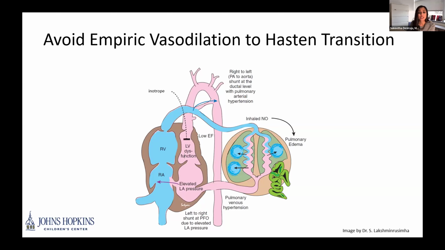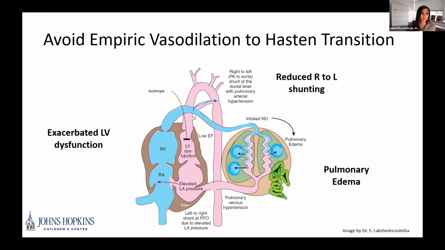So some of this plasma will extravasate out and create pulmonary edema. What remains in the vasculature must egress back into the left side of the heart. But the left atrium has its own problems due to backup from the left ventricle, which is dysfunctional to start with. So to put that together, when we reduce right to left shunting, we can end up with pulmonary edema and exacerbate LV dysfunction.